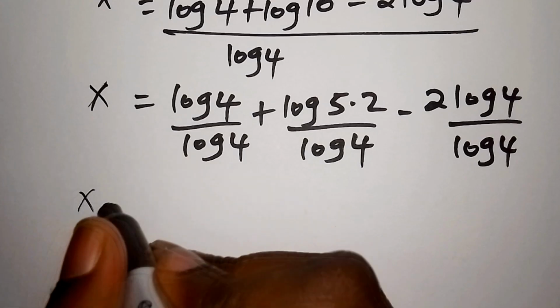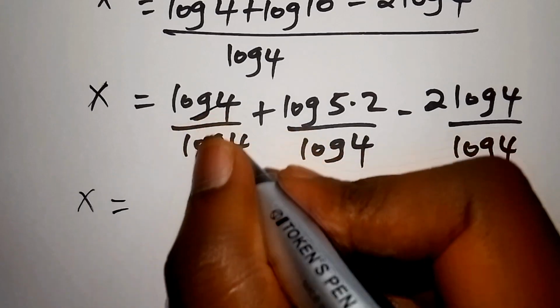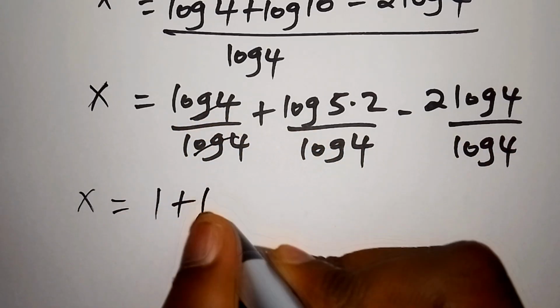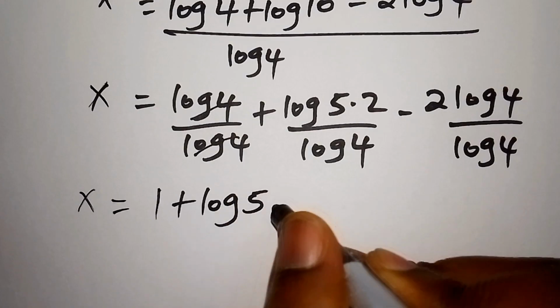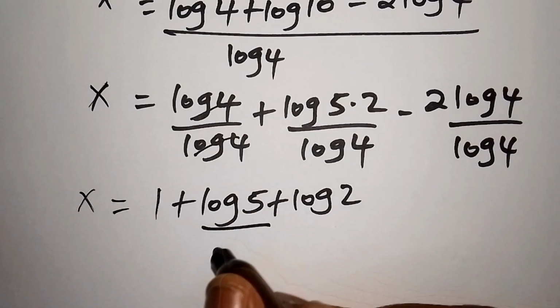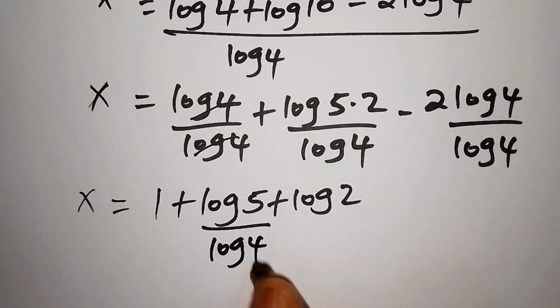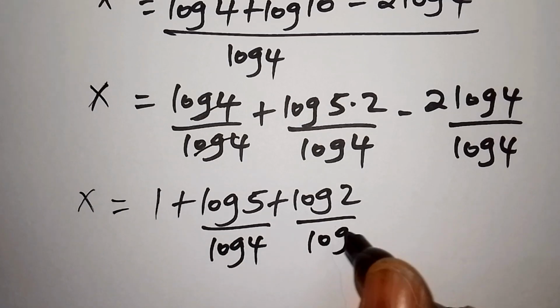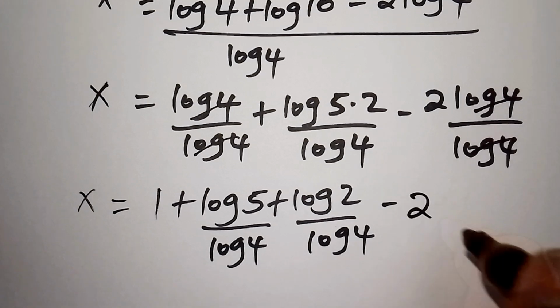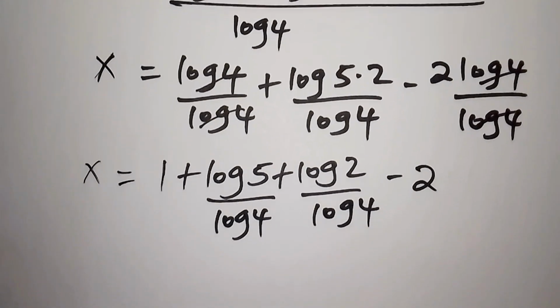Now x is equal to, so log 4 and log 4 cancel, so now we shall have it as 1, then plus the log of 5 plus the log of 2, each all over the log of 4, then minus, log 4 and log 4 cancel, then now we shall have it as 2.